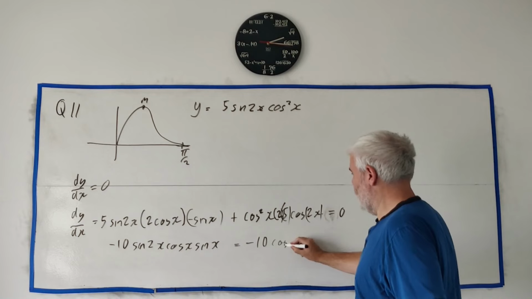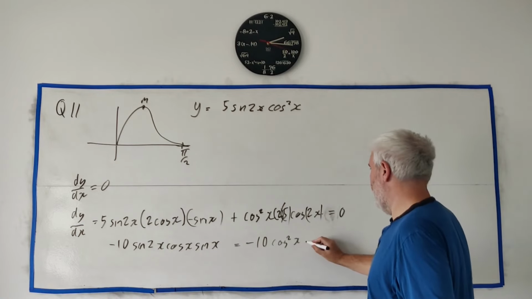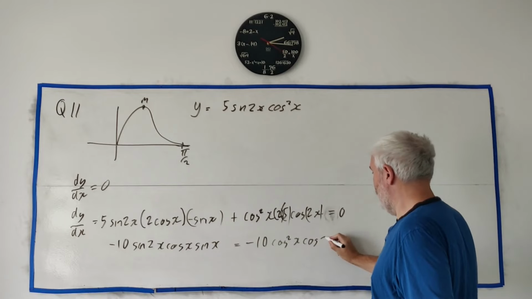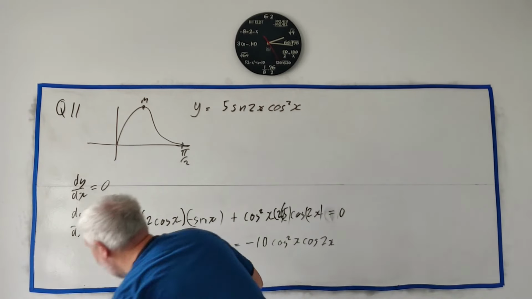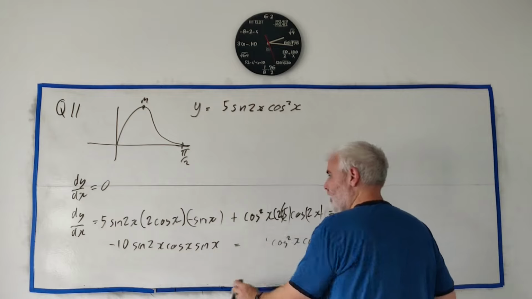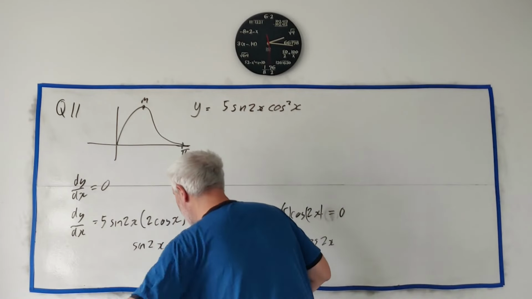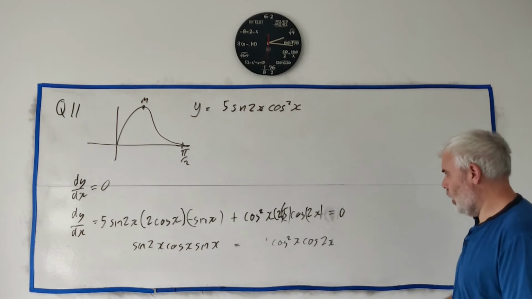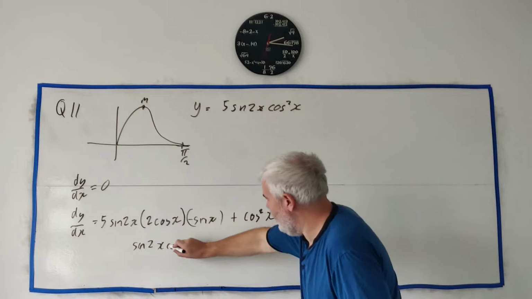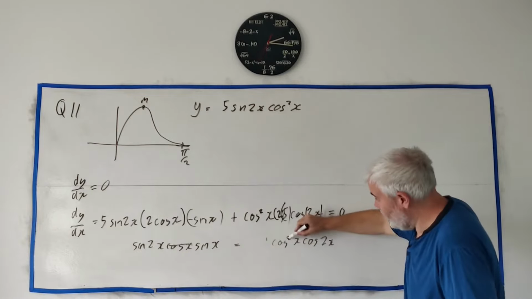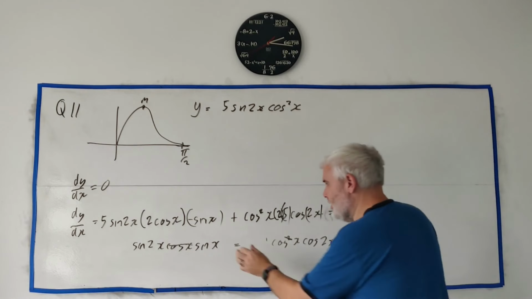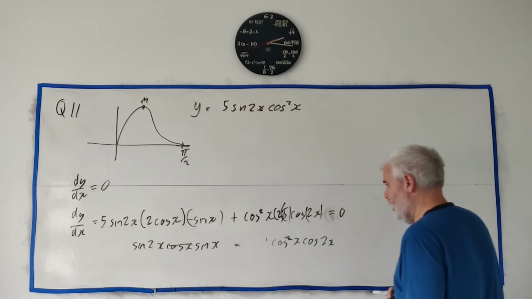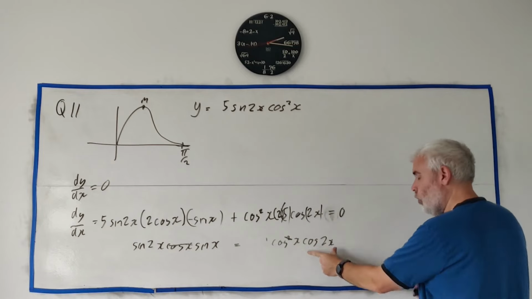And we have cosine squared x, cosine 2x. Let's cancel the 2 10s. Divide both sides by minus 10, in fact. And that's that gone. We have lots of cosine. Cosine x here can cancel one of these two. So that's gone there. And we're left with sine x and sine 2x, and cosine x and cosine 2x.